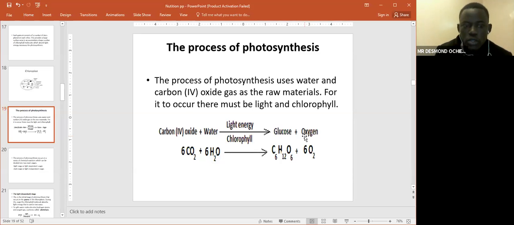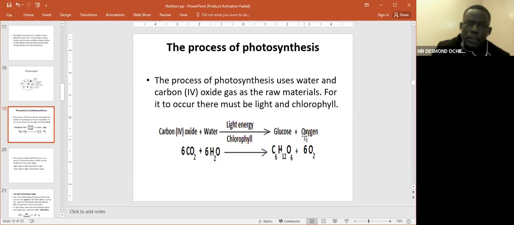It is important to note that the process of photosynthesis occurs in different stages, the light stage and the dark stage. There are important processes that occur in each of those stages. There's one that occurs in the light stage, and another that occurs in the dark stage.